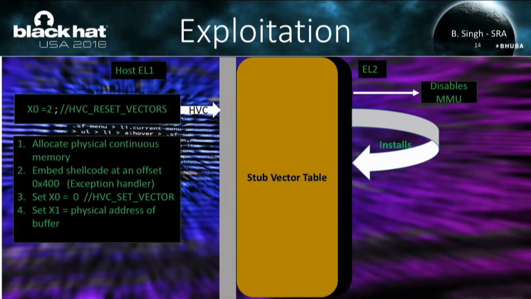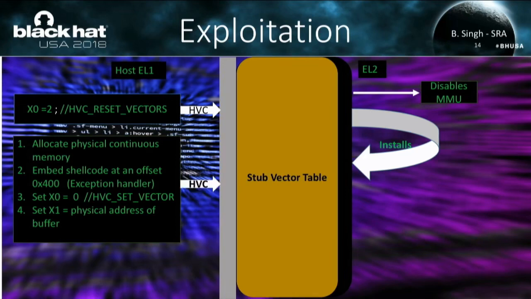Then the attacker will embed a shellcode at an offset of 0x400, because the exception handler is at this particular address. Then the attacker will load the value 0 into the X0 register, and the physical address into the X1 register. And again HVC will be called after these four steps.